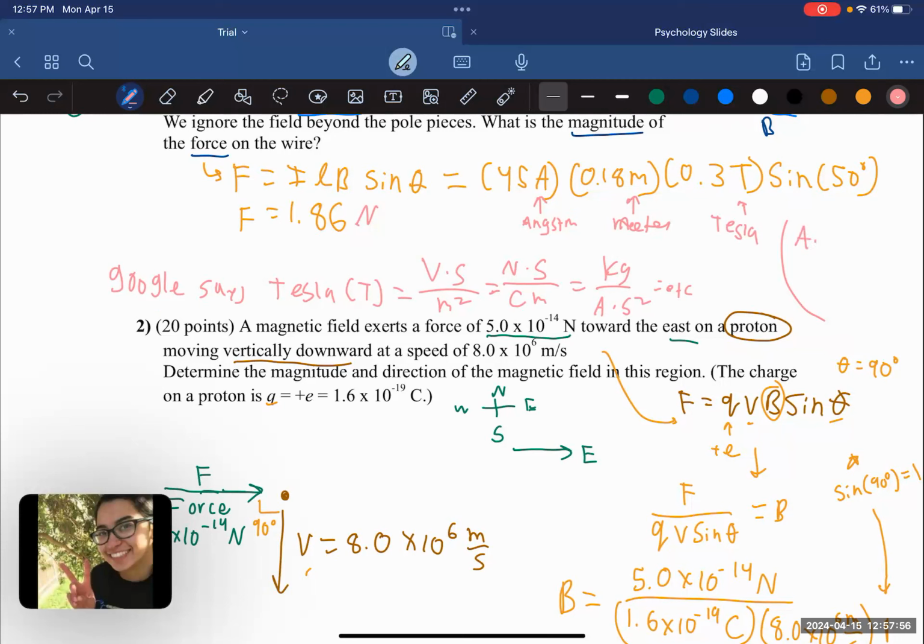We have amperes times meter times, I'm going to guess it's going to be this, kilograms per second squared over ampere second squared. That would get rid of these two, which would give us meters over second squared, kilograms, which is newtons.